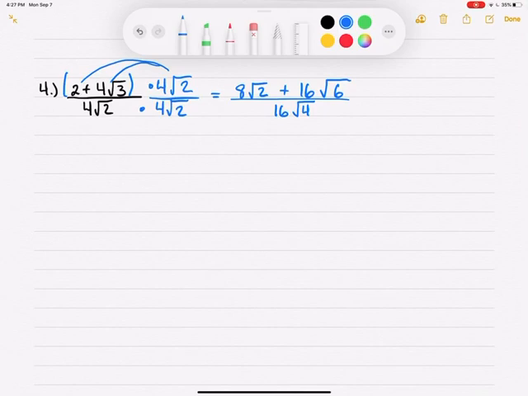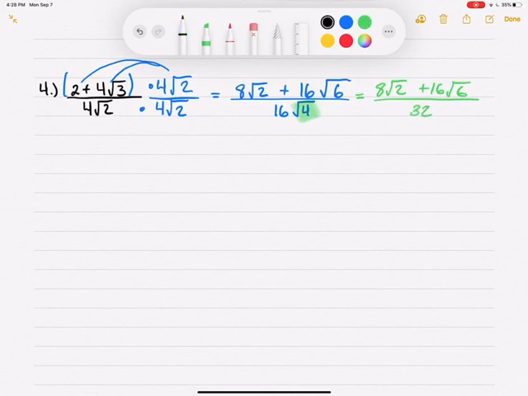So I can reduce the square root of 4 in the denominator. This is going to become 2. So I will have 8 square roots of 2 plus 16 square roots of 6 over 4 times the square root of 4, which is 2, and 2 times 16 is 32.